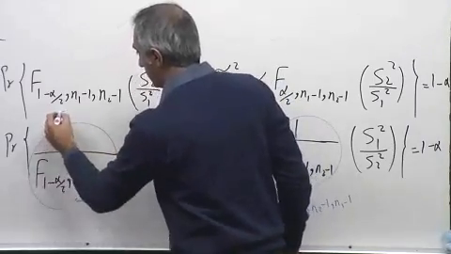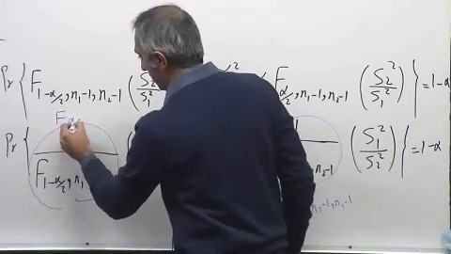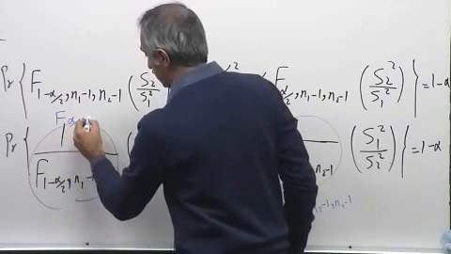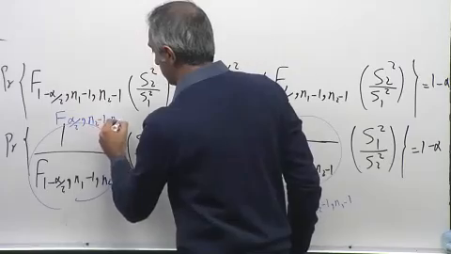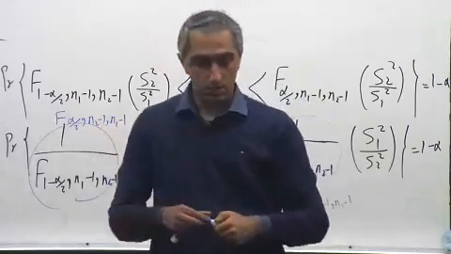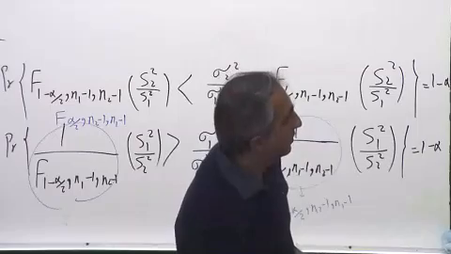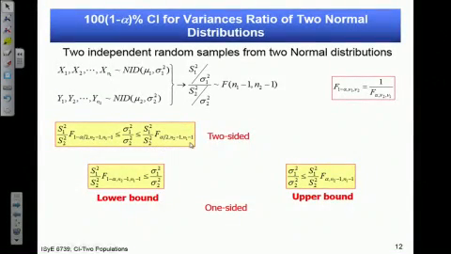Write it down here. F of alpha over 2, and 2 minus 1, and 1 minus 1. And if you look at the upper bound, you have this.